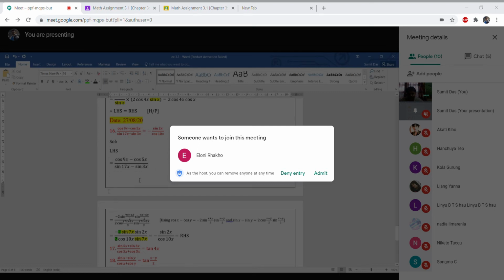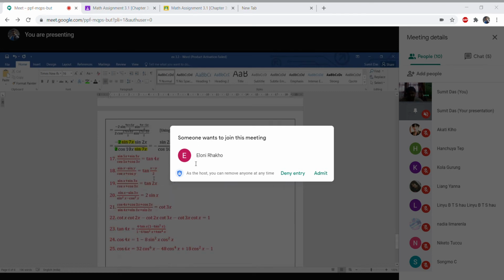The next one I'm also giving as homework. You can see sine 5x plus sine 3x, so you have to use the formula, and in the denominator also you have to use the formula.